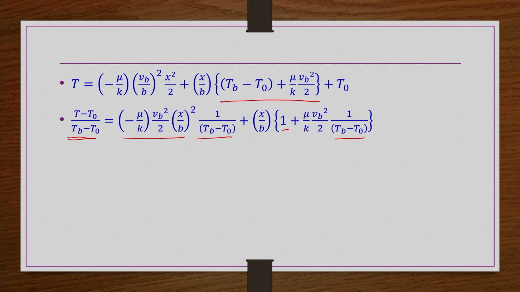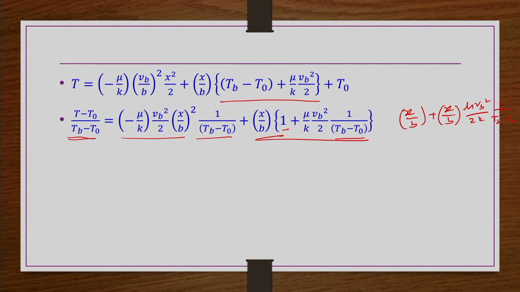Okay. So, now this term if you expand, this is x by b plus x by b mu Vb square by 2k times 1 by Tb minus T naught.